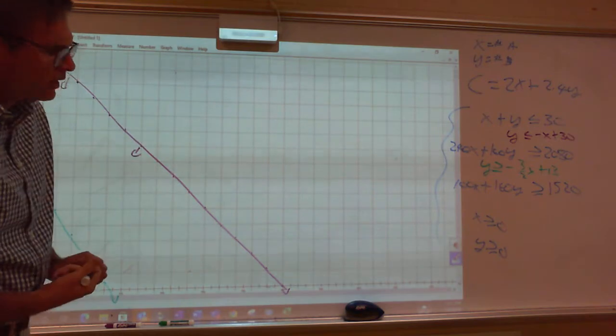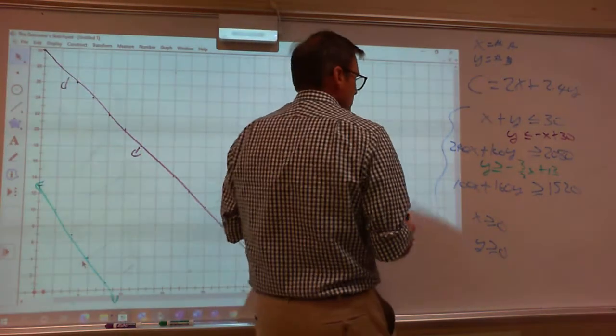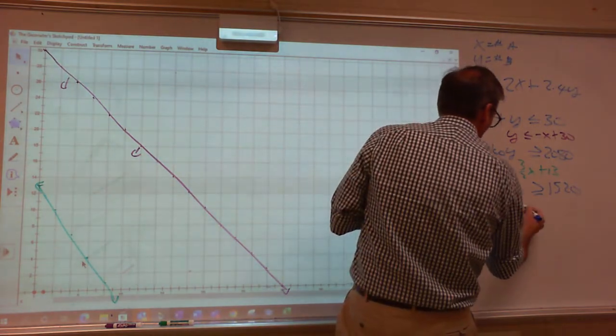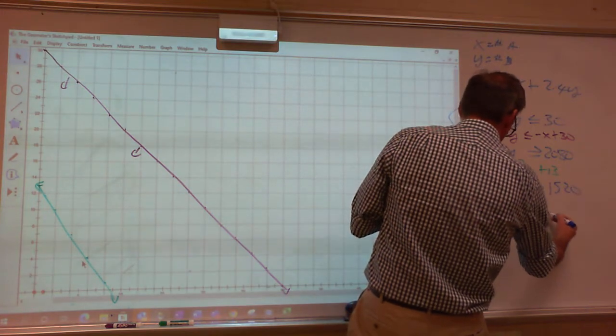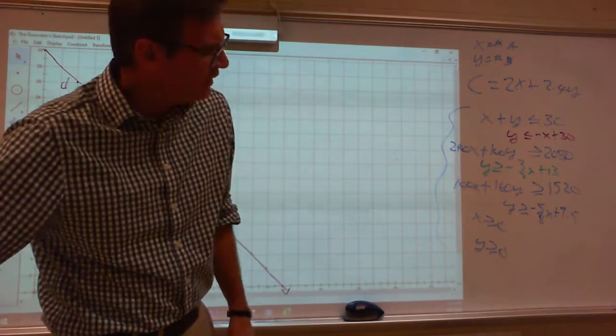Let's see, this next one is not nearly as nice. This simplifies to negative 5 over 8x plus 9.5, which is pretty hideous.